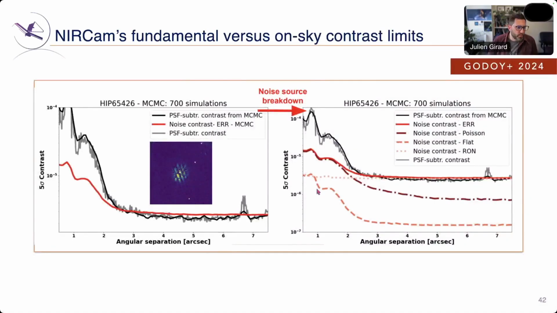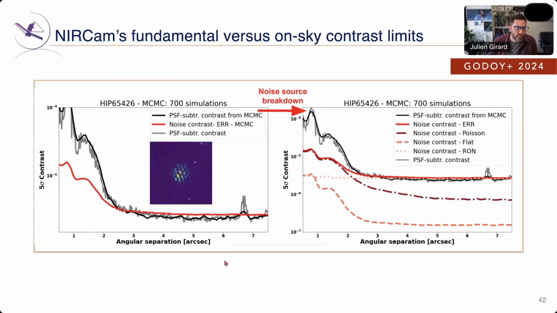So NIRCam problems, I'm going to say a little bit more because I know a little bit more about it. The contrast fundamental limits, pre-launch, were curves that kept on going down, published especially in the Beichman et al. 2010 paper, for example.